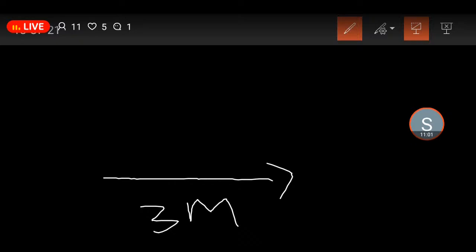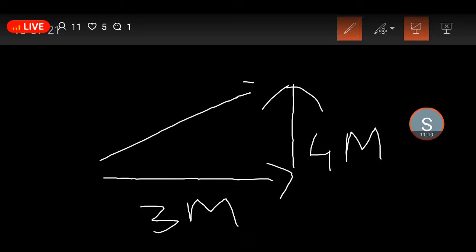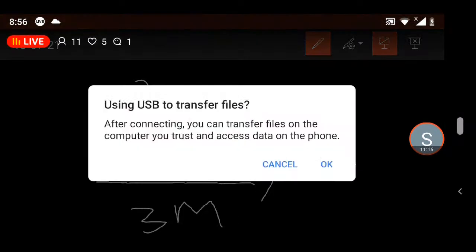See, I'll show what I did wrong. The girl moved from west to east, that is 3 meters, and then the girl moves straight, that is 4 meters north, and this is the vector C, the resultant vector.